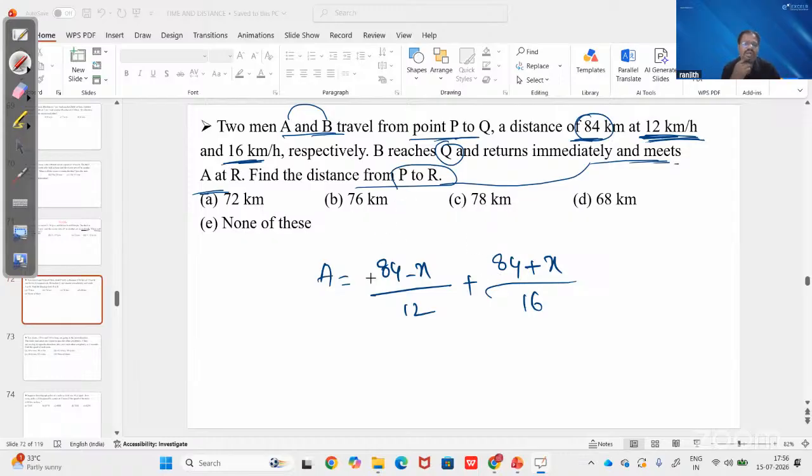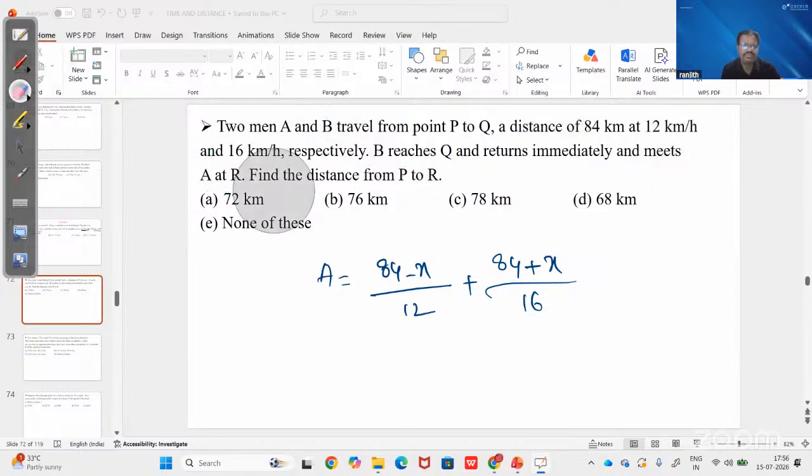How we can find out in the sense, A to R is 84 minus X. So here it will be equal to 84 plus X. So this will be equal to 12 by 16. It has to be cancelled by 12 table, it has to be cancelled by 16 table.